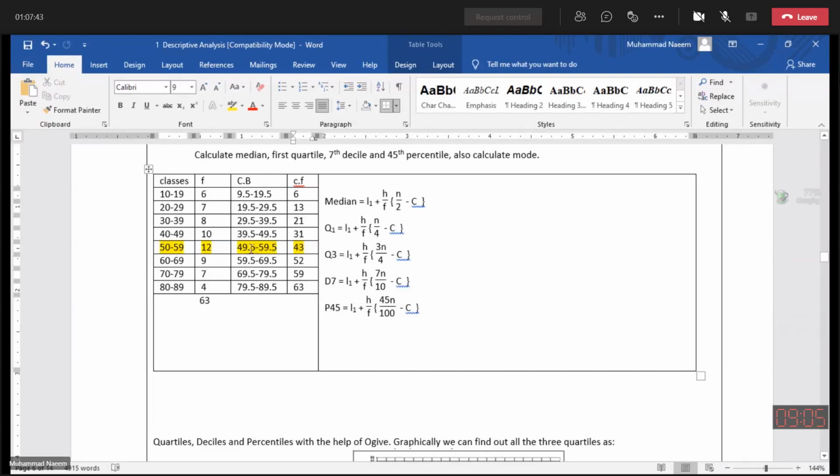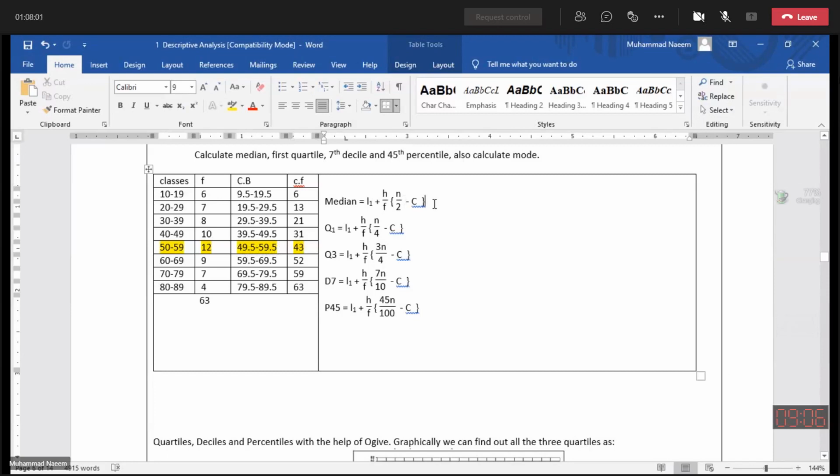So this is our expected class in which median can fall.